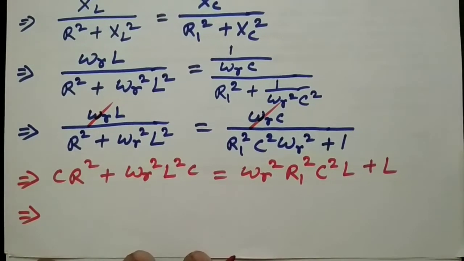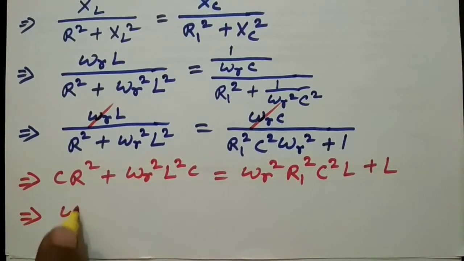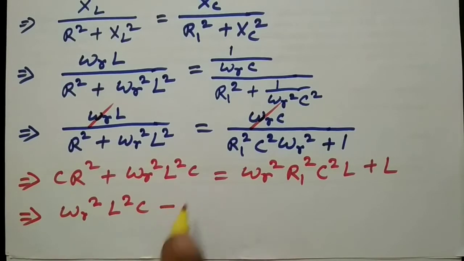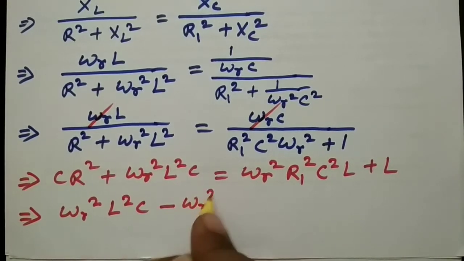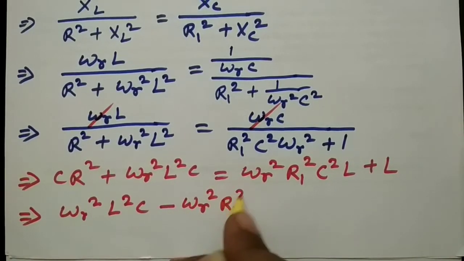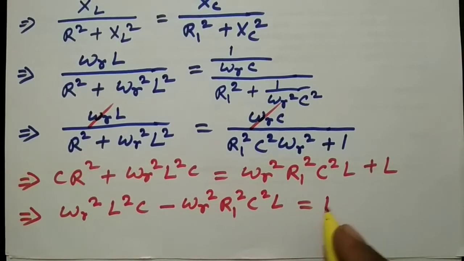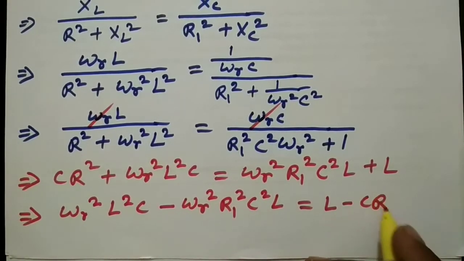So it will be omega R square L square C minus omega R square R1 square C square L is equal to L minus C R square.